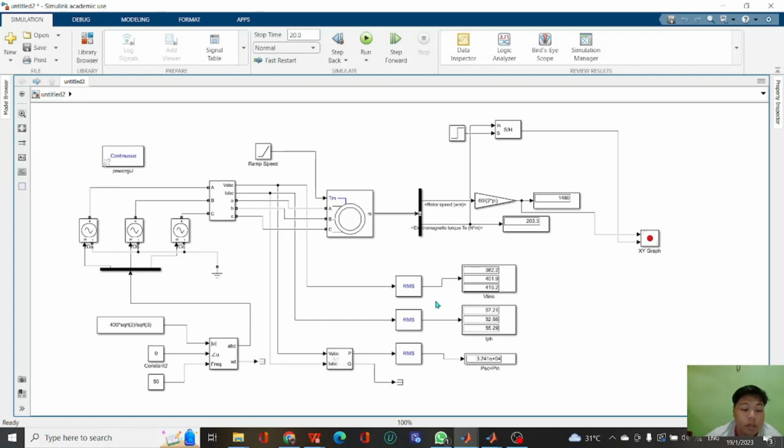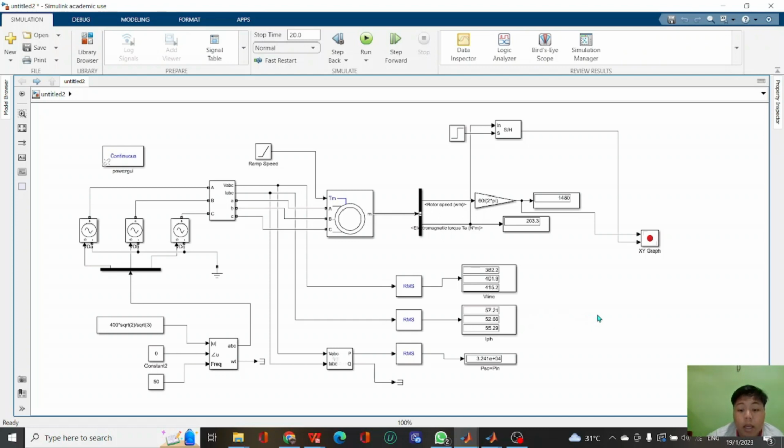Okay, you can see after done run, you can see V line is 380. Okay, we must add, and then for the VTH, V total, we can get by adding all these 300, 401, 415 and divide by 3, and to get the IPH same, we must total it and divide by 3.